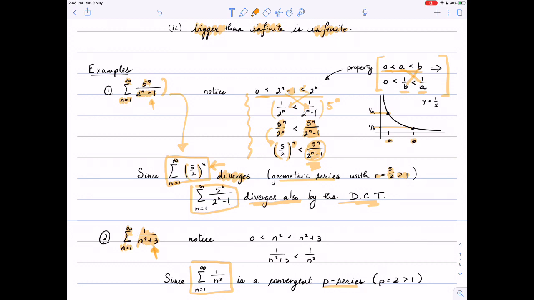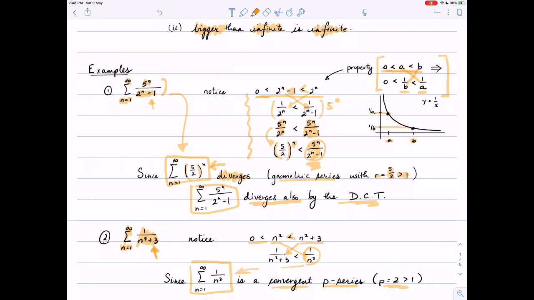Certainly here, if I add 3 to n squared, then n squared plus 3 is greater than n squared. Using the reciprocal of positive terms, 1 over n squared plus 3 is less than 1 over n squared. This is the nth term of a convergent p-series.